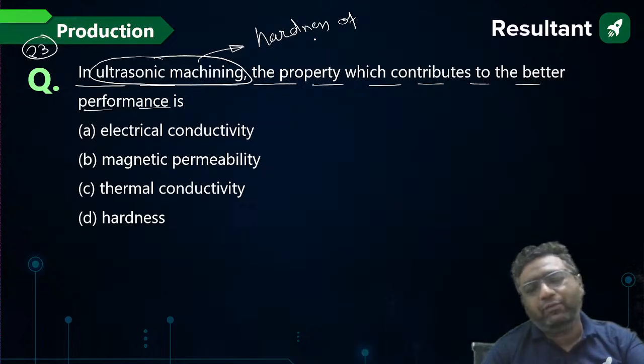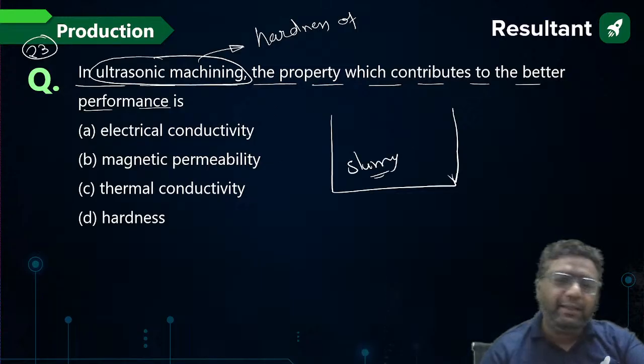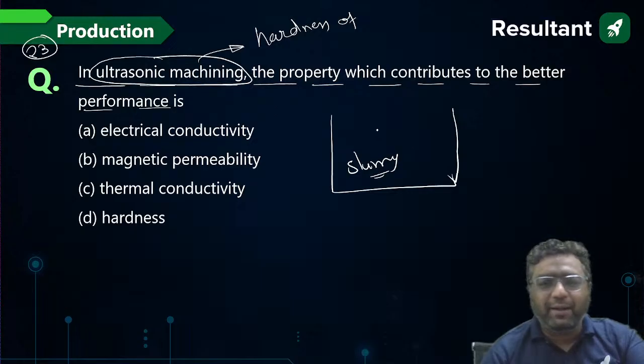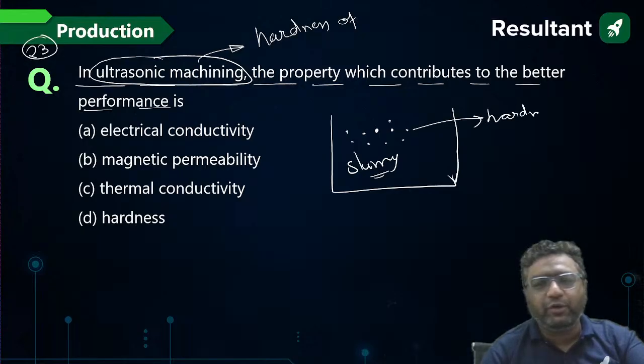You are going to have a slurry. In the slurry, you add some particles of silicon carbide, tungsten carbide. So you are going to put some particles in the slurry. So these particles' hardness is something which is going to cut the material.